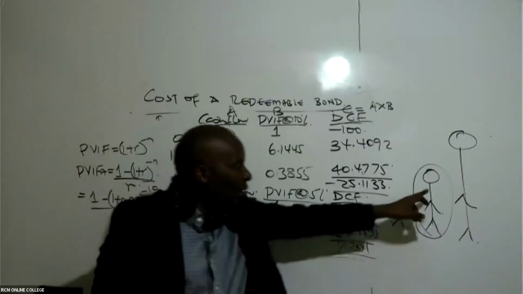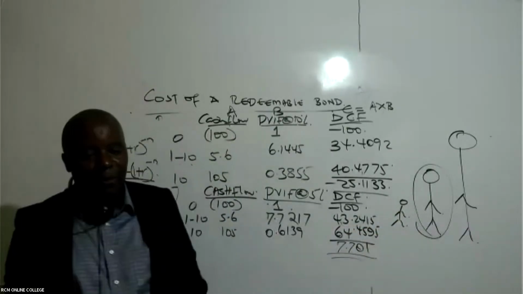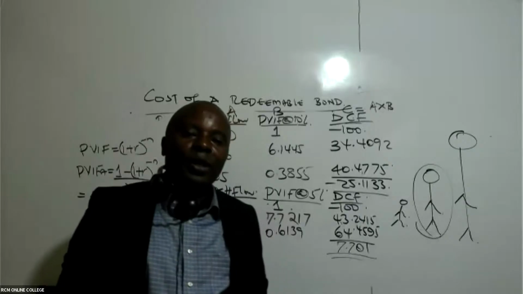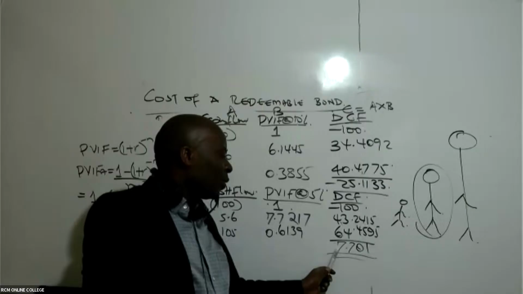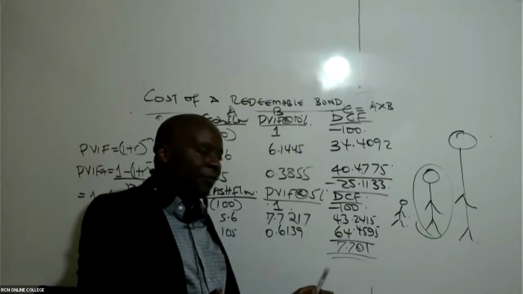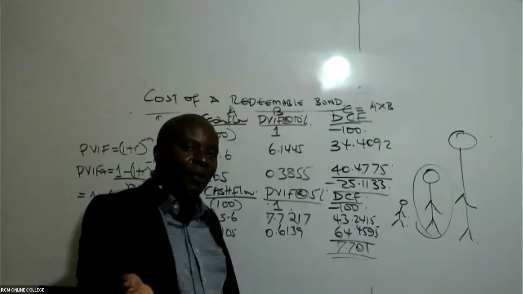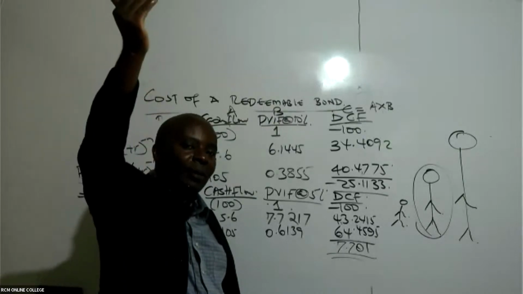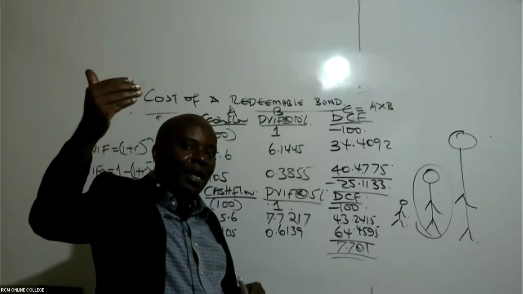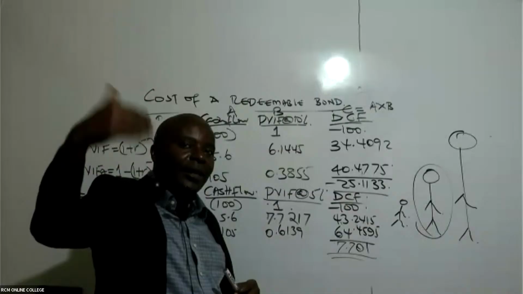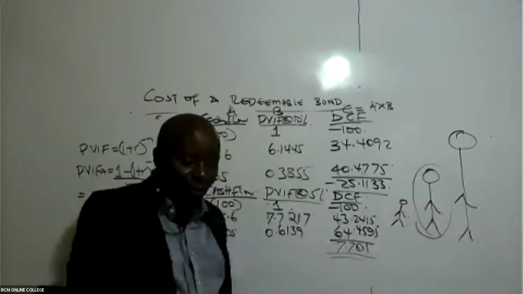If you started with 7.701 positive, then I go for a higher cost of capital to get a negative NPV. But if I start with a negative NPV, then for the next one I have to lower my cost of capital to get a positive.